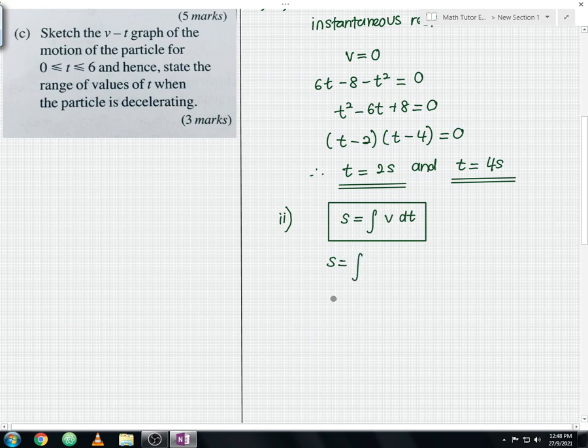In this case the velocity is 6t minus 8 minus t square, with respect to dt. So you perform the integration. So from here you get the displacement S is equals to 3t square minus 8t minus t cube over 3 plus c.